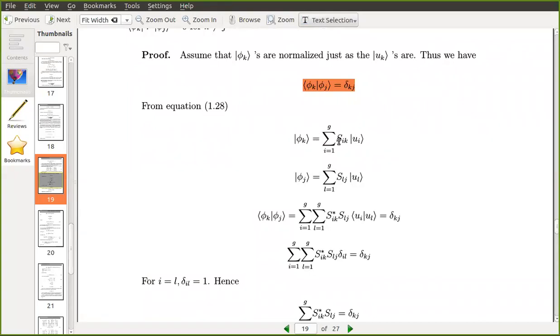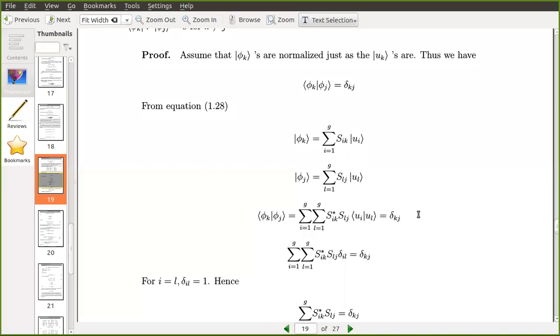You take this one as the conjugate. So the sum over i equal to 1 to g of sik star bra ui, then phi j is the sum over l equal to 1 to g of slj ket ul. According to this equation, it is delta kj.